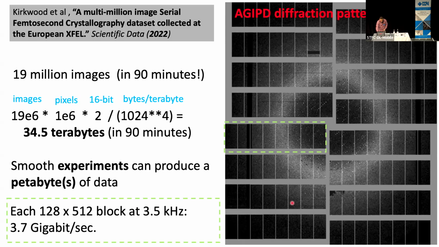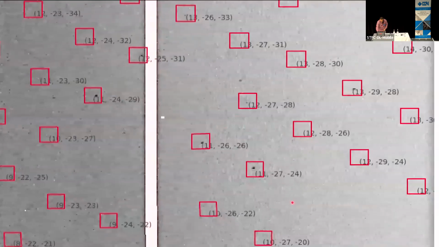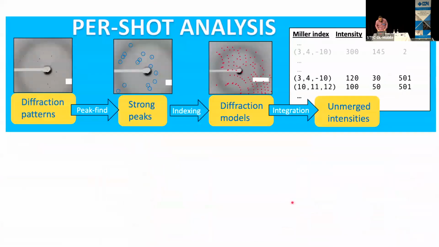Okay, so there's lots of data that needs to be processed quickly. I'm going to skip through these slides, but this is basically what needs to happen to every image when you do analysis, and what you're going to need to do fast if you want real-time feedback. We saw this yesterday as well, but this is the typical pipeline for doing SFX analysis and serial crystallography.